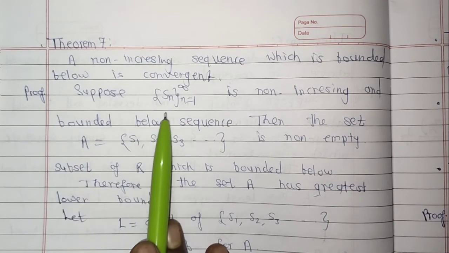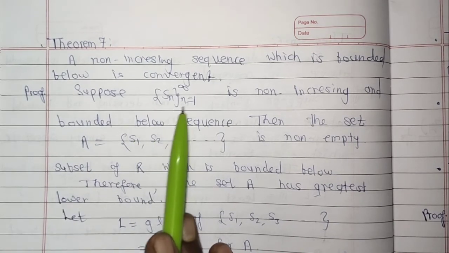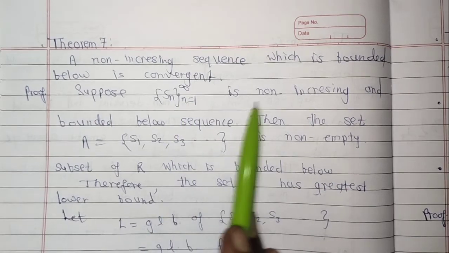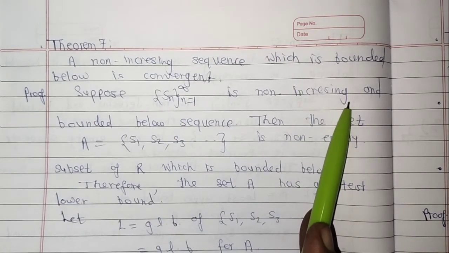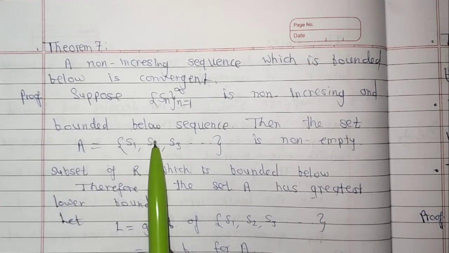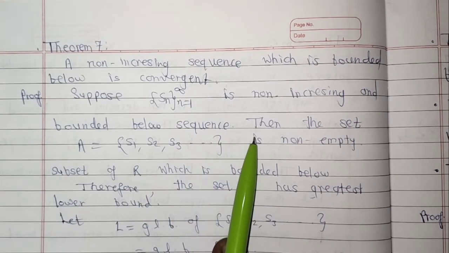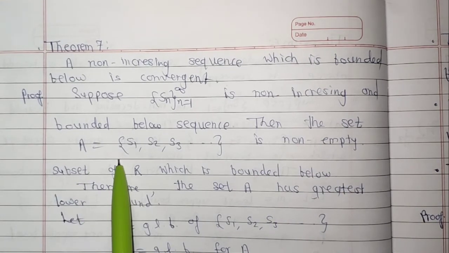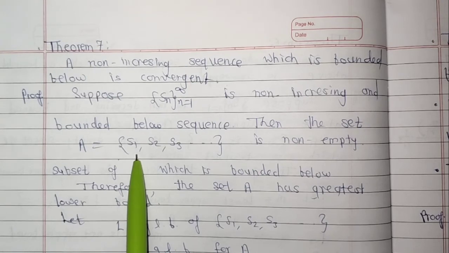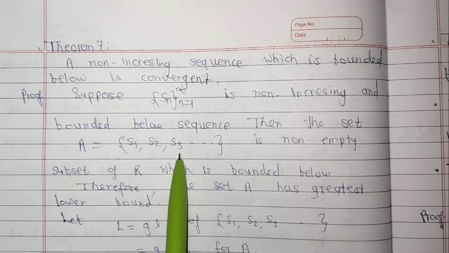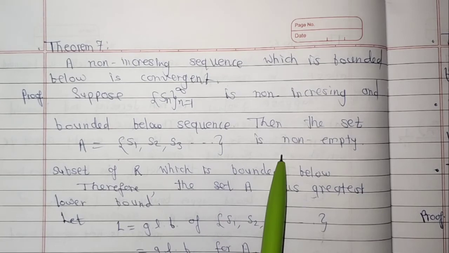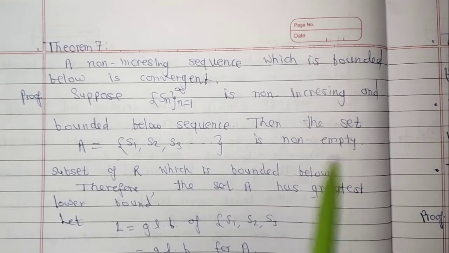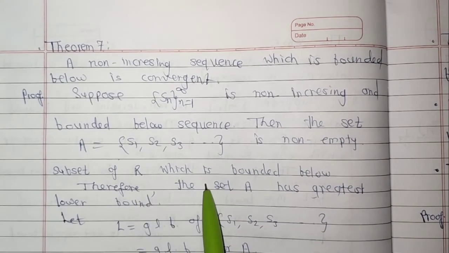Suppose the sequence Sn, n going from 1 to infinity, is a non-increasing and bounded below sequence. Then the set A equal to {S1, S2, S3, ...} is a non-empty subset of R, which is also bounded below.